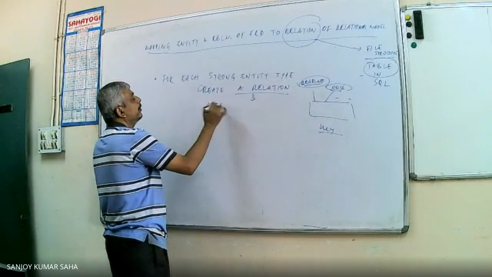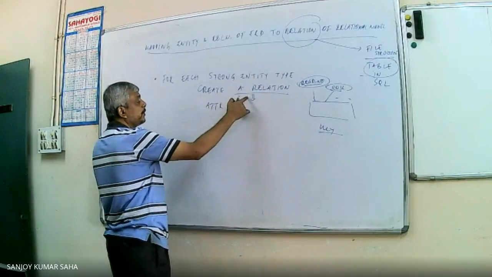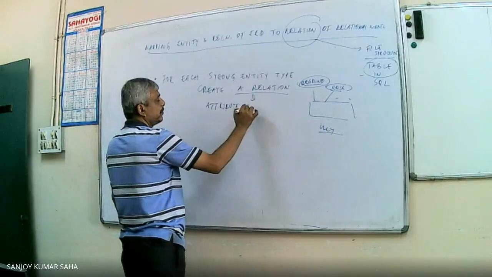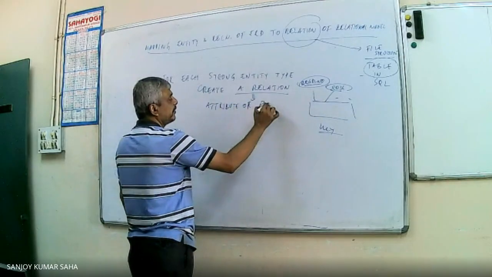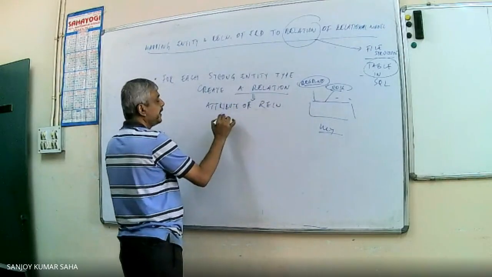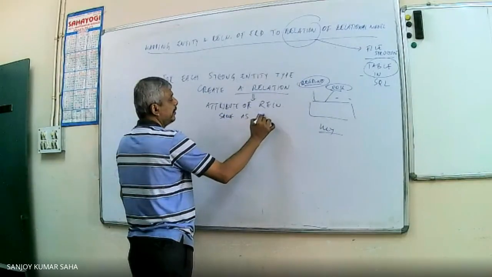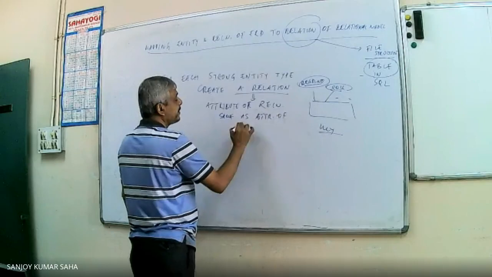So the attributes of the relation will be the same as the attributes of the entity type.